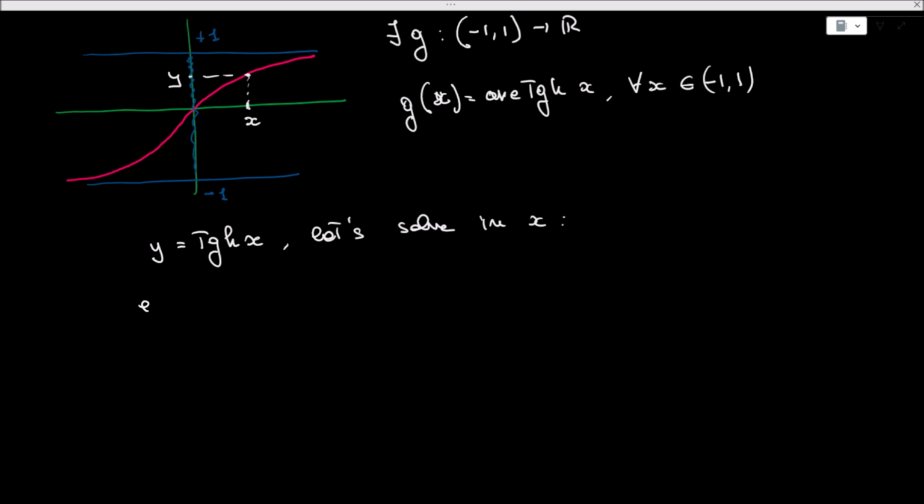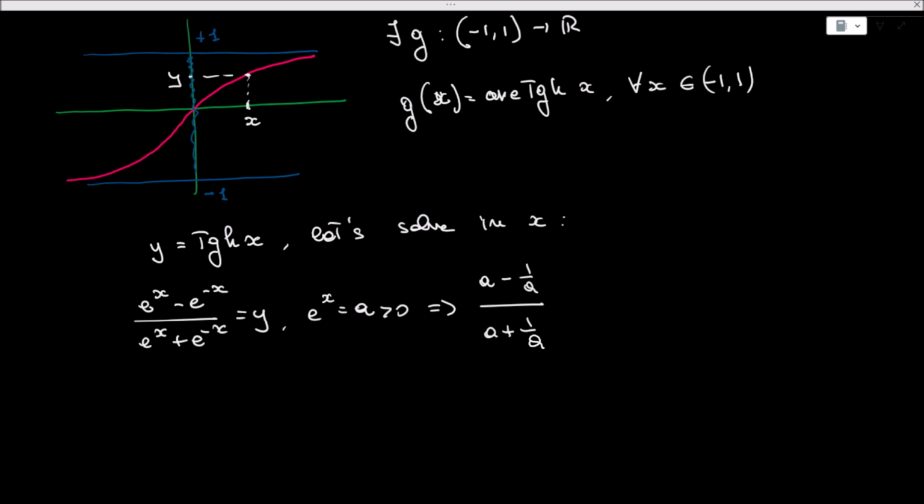We have e to the x minus e to the minus x divided by e to the x plus e to the minus x is equal to y. We set e to the x equal to some a larger than 0, which finally gives a minus 1 over a divided by a plus 1 over a equal to y, right?